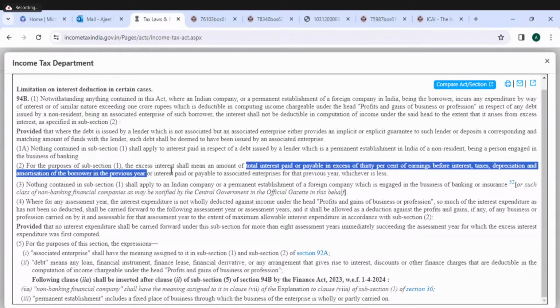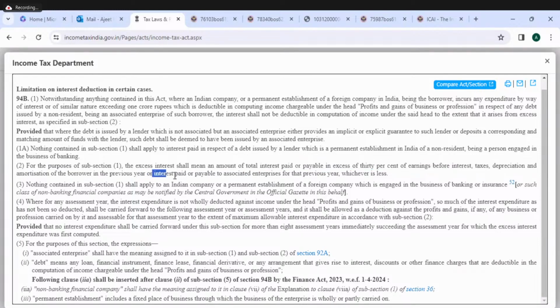It would be your 2 crores. Interest paid or payable to the non-resident AE minus 30% of EBITDA is 2 crores in this case, or interest paid or payable to the non-resident AE, which is 32 crores, whichever is less, which is 2 crores. That would be your excess interest, and that would not be deductible. So 2 crores would not be deductible.